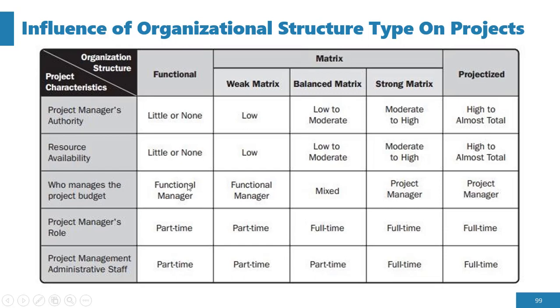So in a weak matrix, the functional manager also manages the project budget. In a balanced matrix it is 50-50. Okay, in a strong matrix, the project manager manages the project budget, and then in a projectized organization, the project manager is also in control of the project budget.